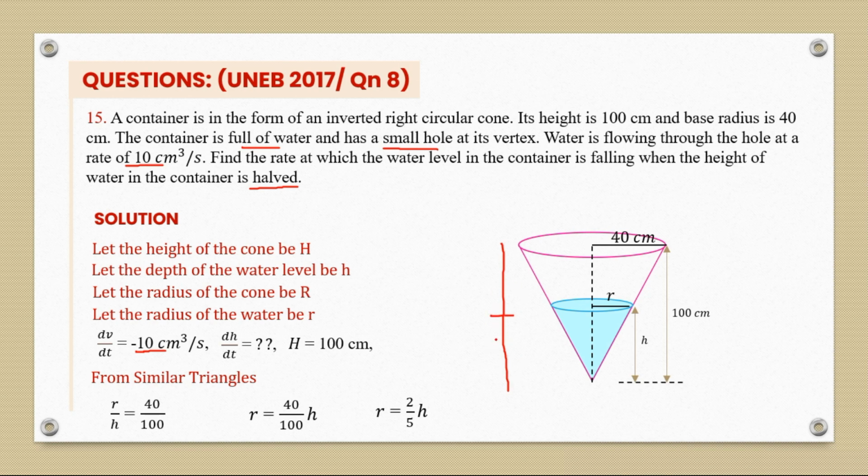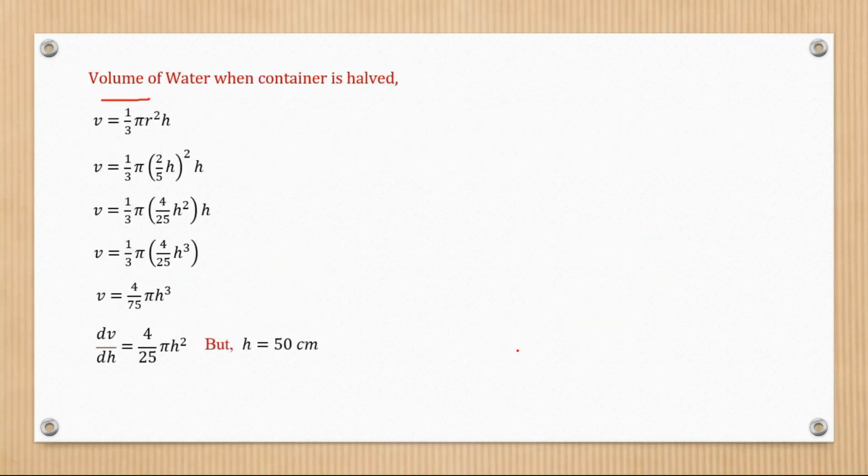So the height small h is equal to 50 centimeters. And why is that? It's because the original height was 100 centimeters. Assuming that when the container was full the height of the water was 100 centimeters, when it is halfway, the height of the water level in the container shall be 50 centimeters. So h shall be 50 centimeters.